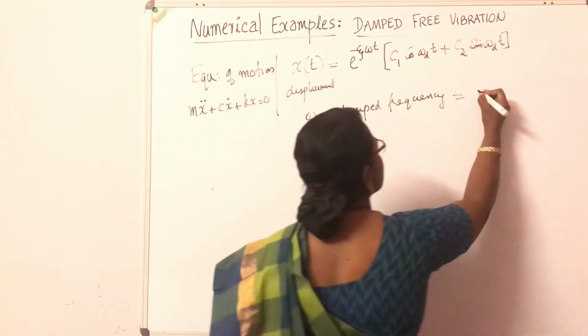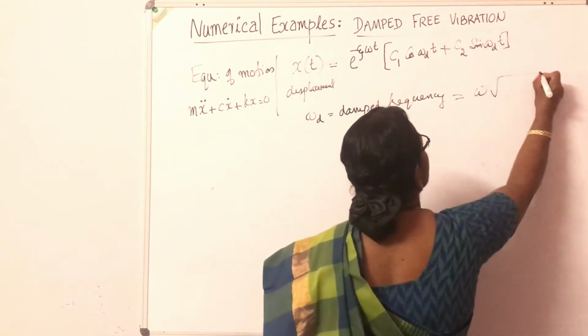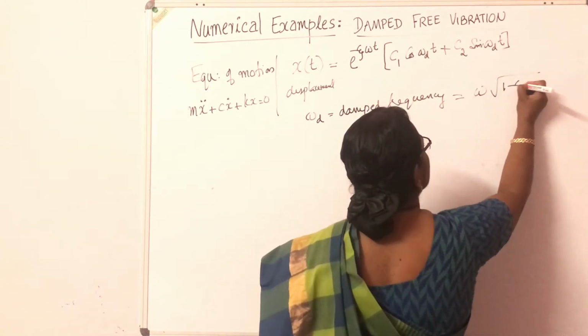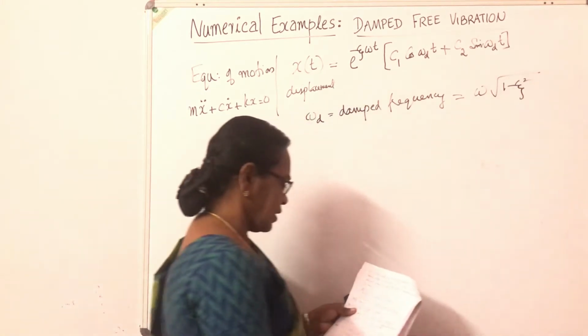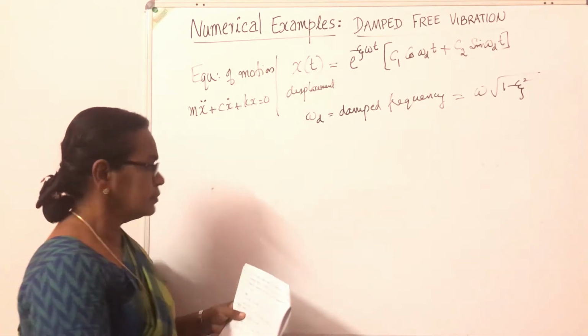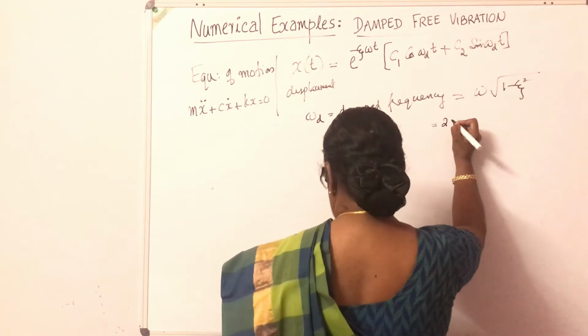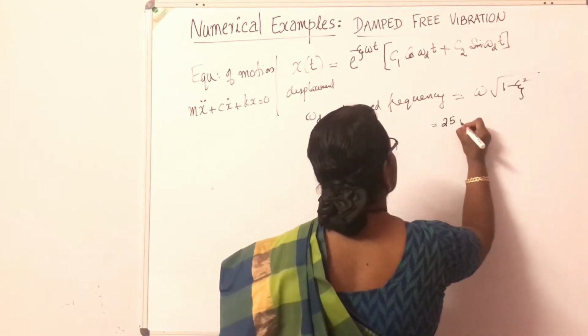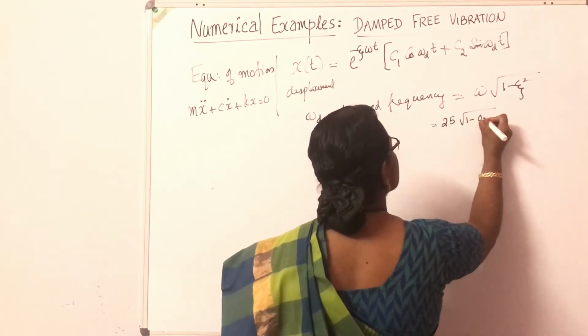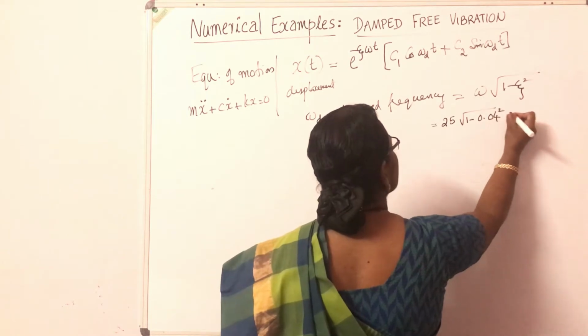That is equal to the natural frequency omega into root of 1 minus psi square. Substituting, omega was 25 into root of 1 minus psi square.